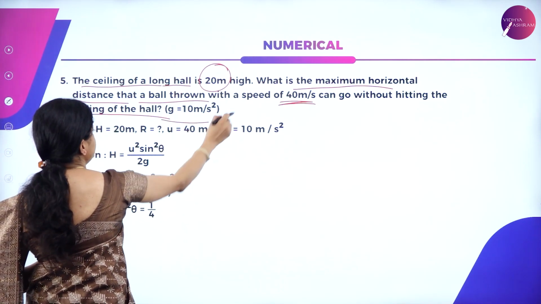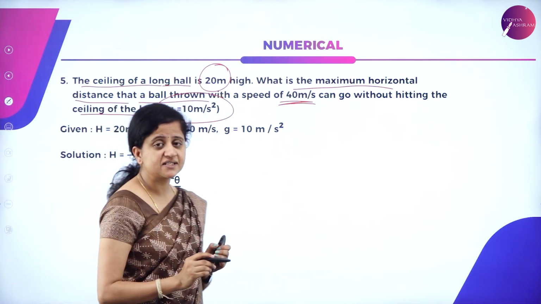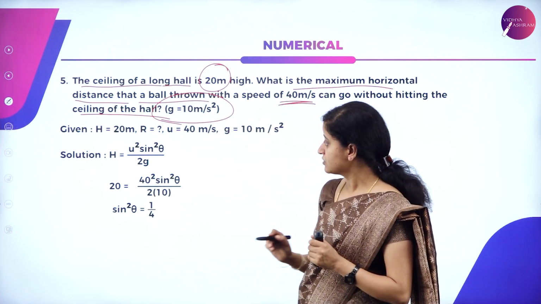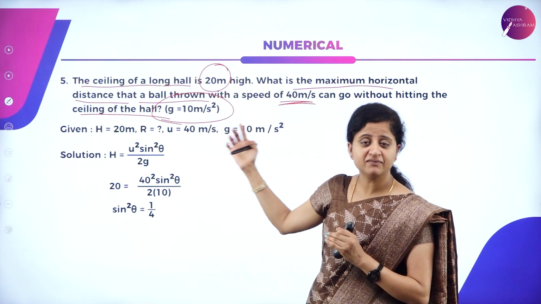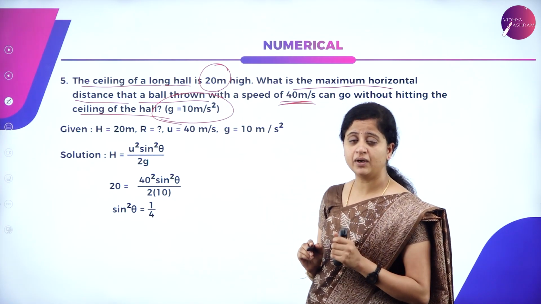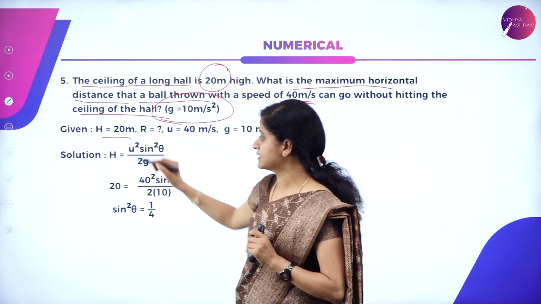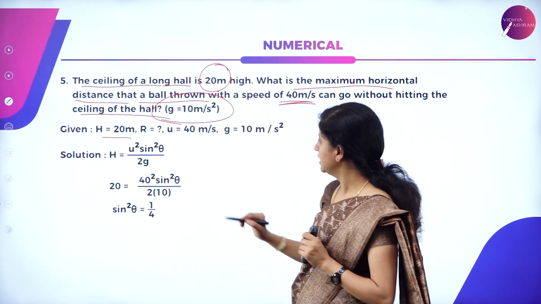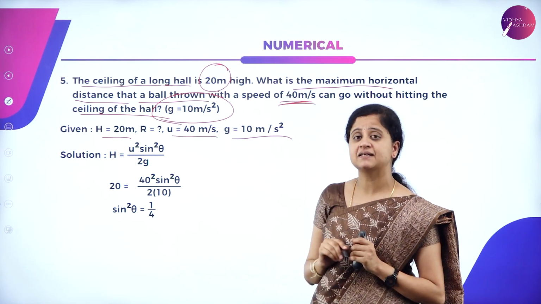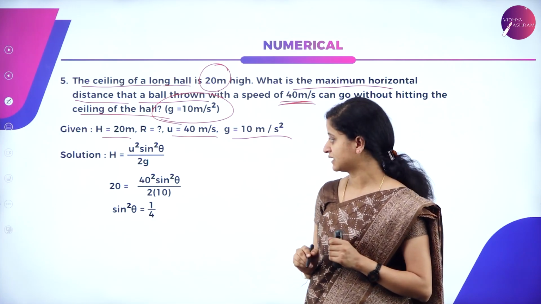In the question itself it is given that the value of acceleration due to gravity is 10 meter per second square. So let us now use the data given in the question and find the value for the required task. Height of the ceiling is given, that is 20 meter, and velocity is 40 meter per second. The value of g, that is acceleration due to gravity, is 10 meter per second square.